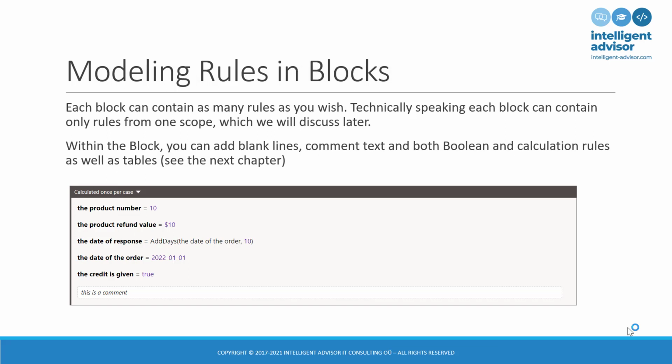So those are the basic principles when you create rules, now you need to apply them to your actual decision service. You write rules inside a block. Each block can contain as many rules as you wish, but technically speaking, the rules have to be from the same scope, which we'll discuss later.